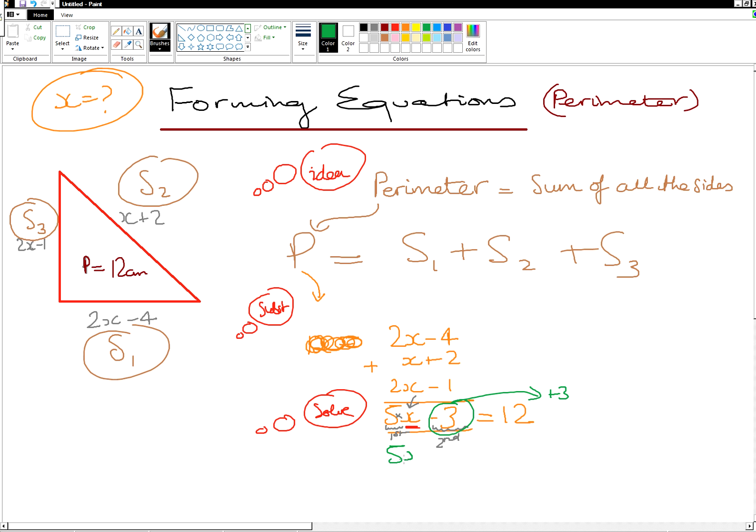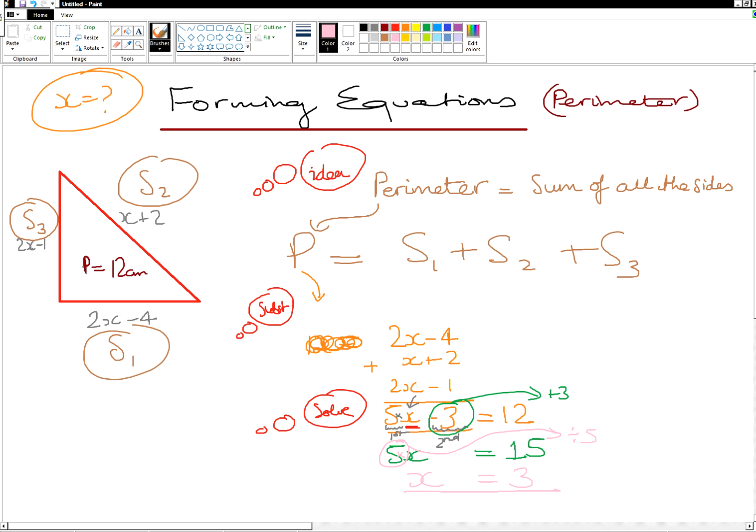So copy down the 5x, copy down the equals, 12 plus 3 will give us 15. Okay, the next step. What will move next? The time by 5. The opposite of time by 5 is divide by 5. So x has a value of 3. And that's the end of that particular question.